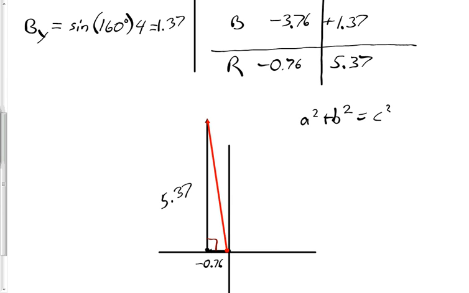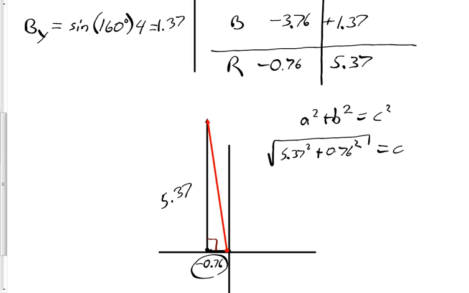All right, so using the Pythagorean theorem, we're going to solve here. So a squared plus b squared equals c squared. And the a, we'll just say it's 5.37 squared plus, and we can use the absolute value of this number. We're just trying to find the magnitude. So 0.76 squared, and then take the square root of it to find c.